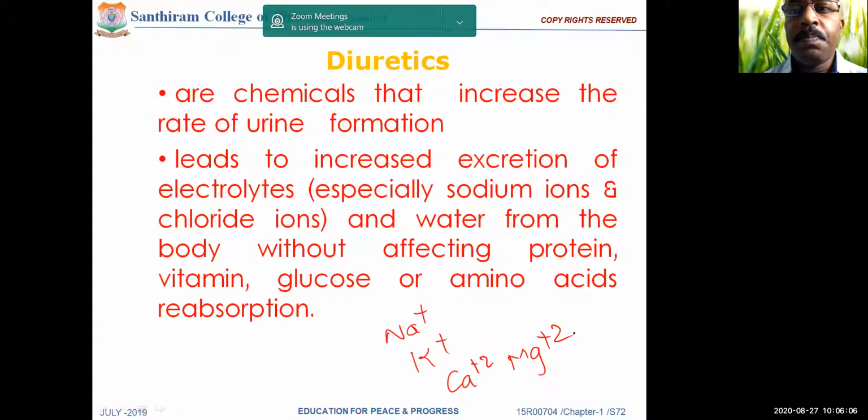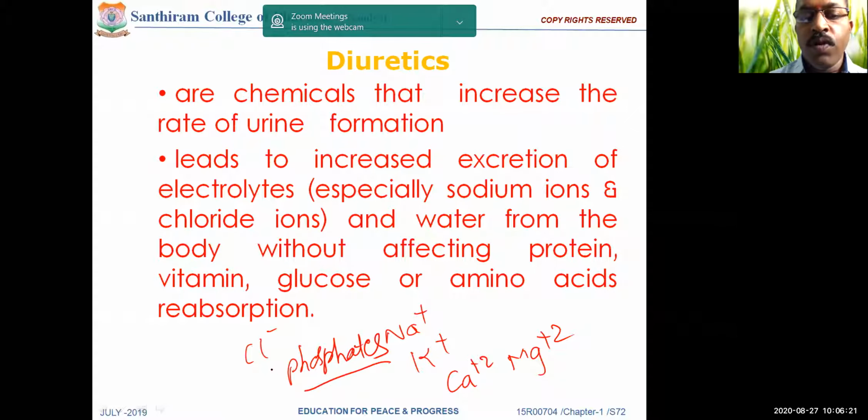So these are the positive ions which are present in the body. Apart from that, we have the chlorides, negative ions, then phosphates.